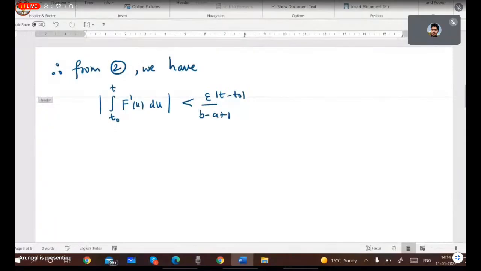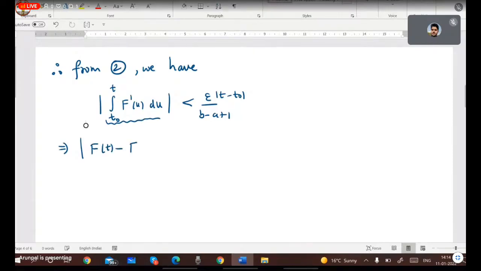And you know that, class, if f dash is the primitive, then the value of this integral will be the value of f at t minus the value of f at t naught. Is this okay, class? Yes, sir.